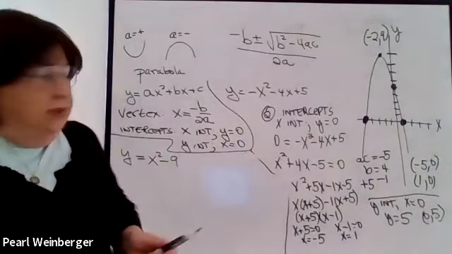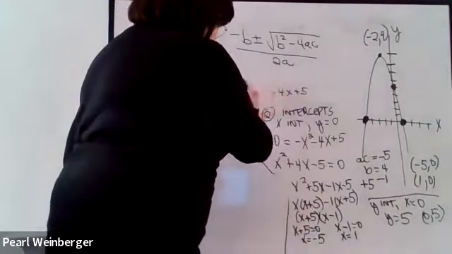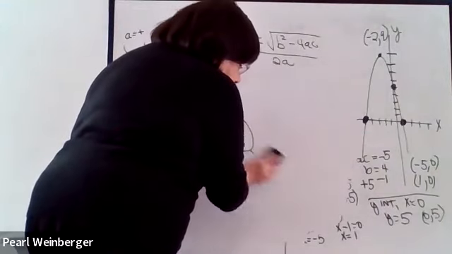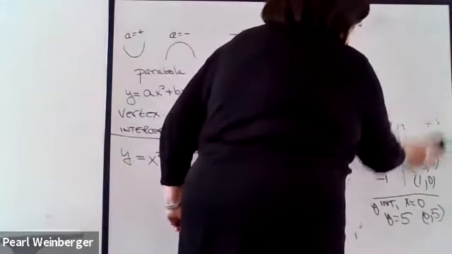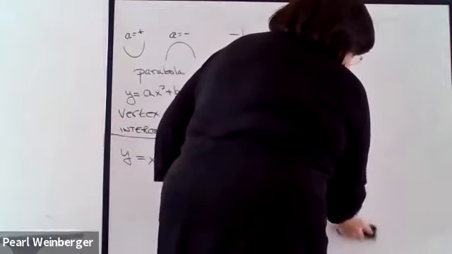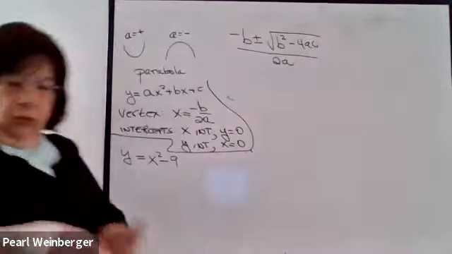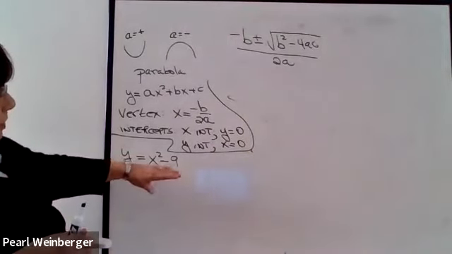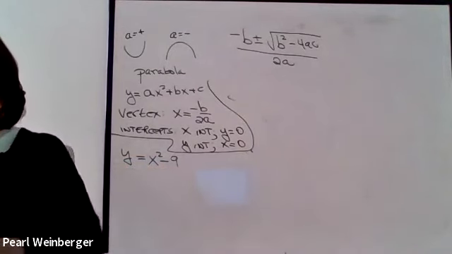Okay, as I said, I'm going to erase the rest of this because this is using up too much space and making everything very messy. Okay, so I want you to find the vertex, the intercepts, and sketch this graph. It's a parabola.